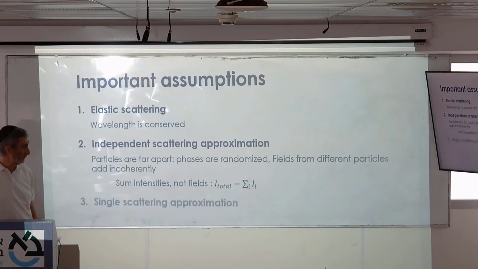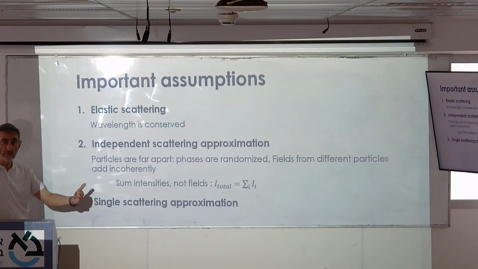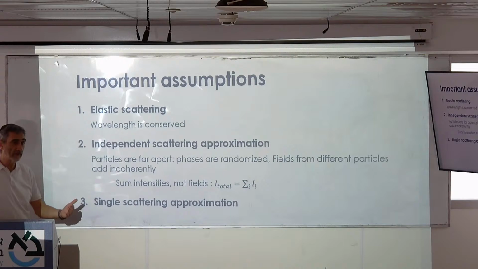And the third one is called the single scattering approximation. You can understand what it means by its name. It means that the light is scattered only once when it crosses the medium. So in which condition would we have this type of condition, single scattering? Light comes, it will meet one scatterer and then escape from the system.